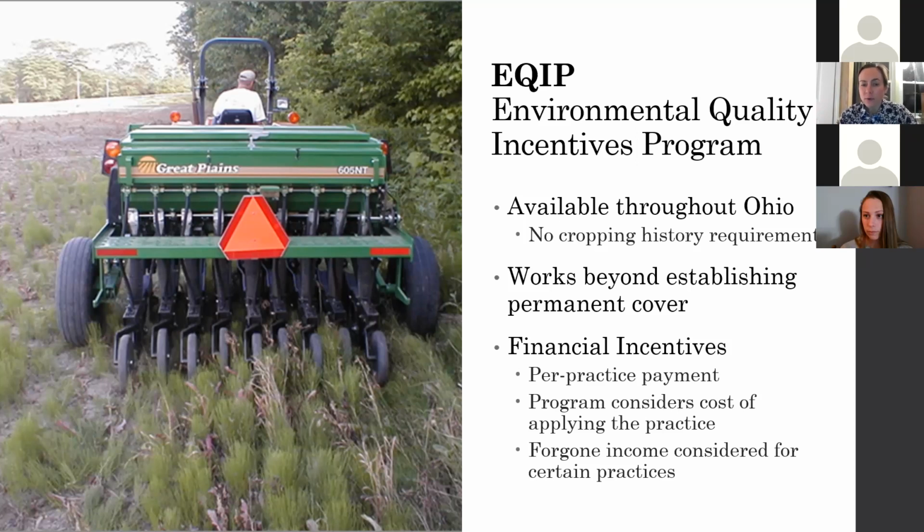So if you are using the program to establish permanent cover on currently farmed acres, you can potentially get a boost in the amount of money, the dollar amount that's assigned to that practice. And that's usually the practices that are used to establish permanent cover. So the conservation cover practice or the wildlife habitat seeding practice have higher payments for being applied on farm ground than they do for something like a turf area or a forested area.